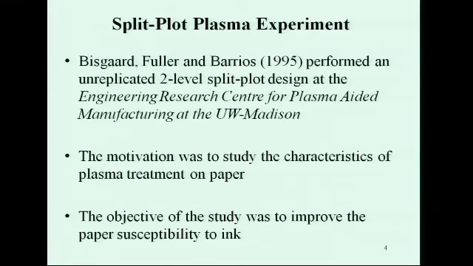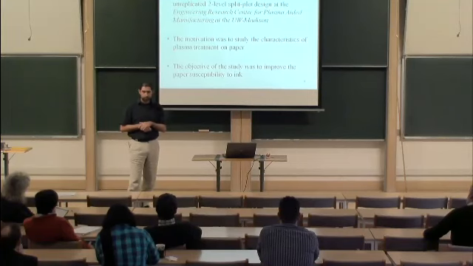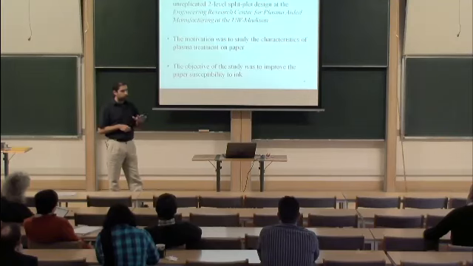So they had several meetings, and after several meetings they were able to identify 5 factors to be used in the experiment. All those factors were used at 2 levels.